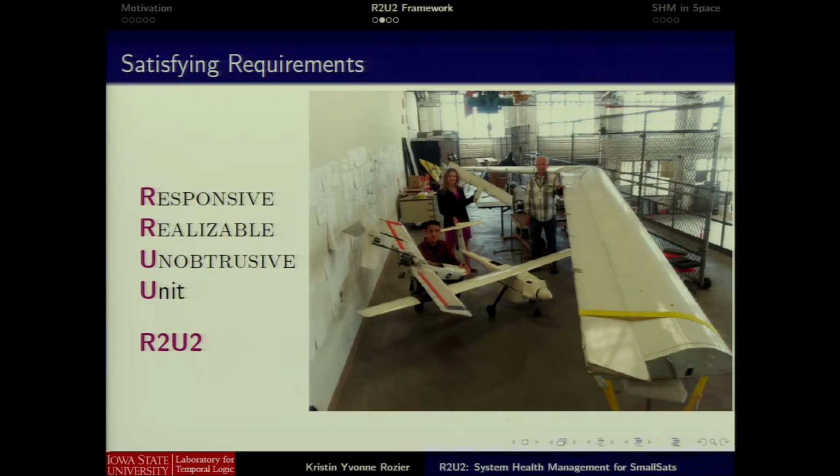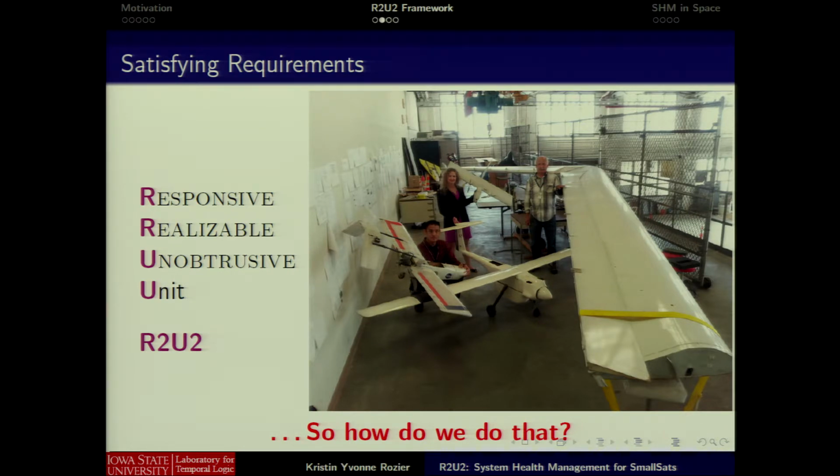And then the question arises, okay, we know what we need, so how do we do that? In preliminary work, we've looked at how to do that in the case of unmanned aerial systems, such as the Swift all-electric UAS and the Dragon Eye, which you see pictured here with my colleagues Johann Schumann, who's here today, and NASA Ames UAS expert Corey Ippolito.